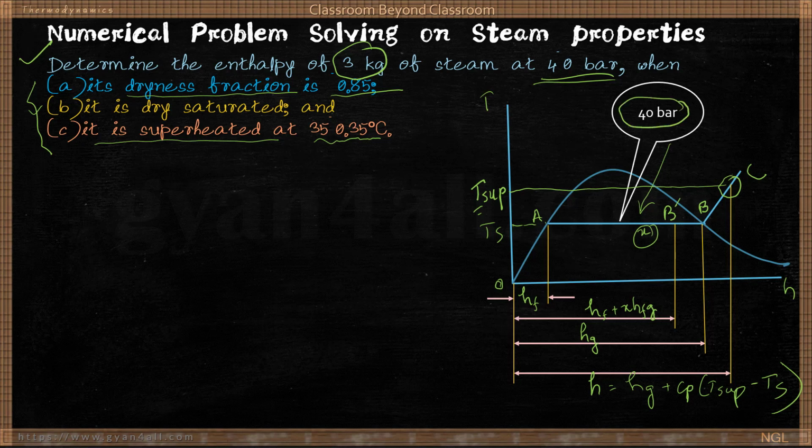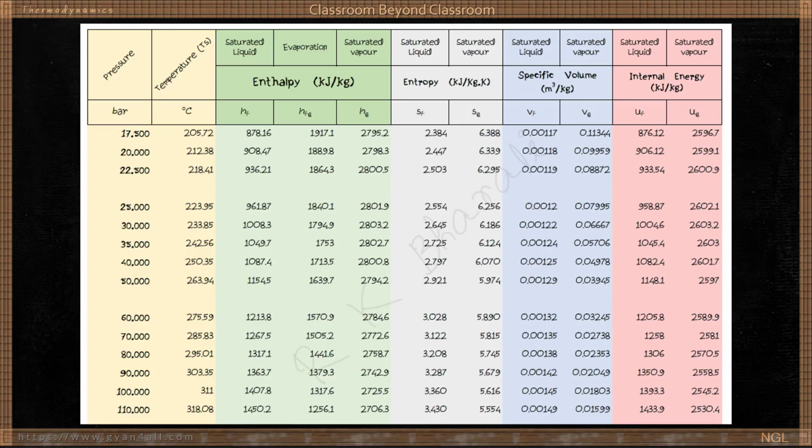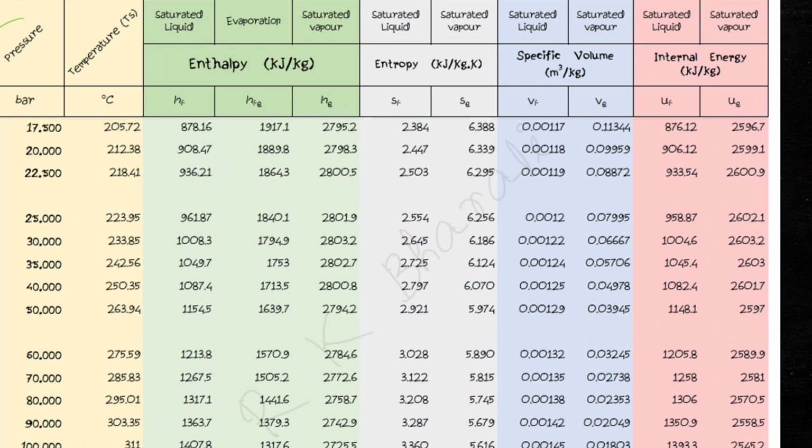So for this we have to use one steam table, and with the help of steam table we are going to solve the problem first. Steam is at a pressure of 40 bar. So from steam table, pressure basis steam table, we can see for pressure 40 bar, 250.35, this is the temperature of saturated steam at 40 bar pressure.